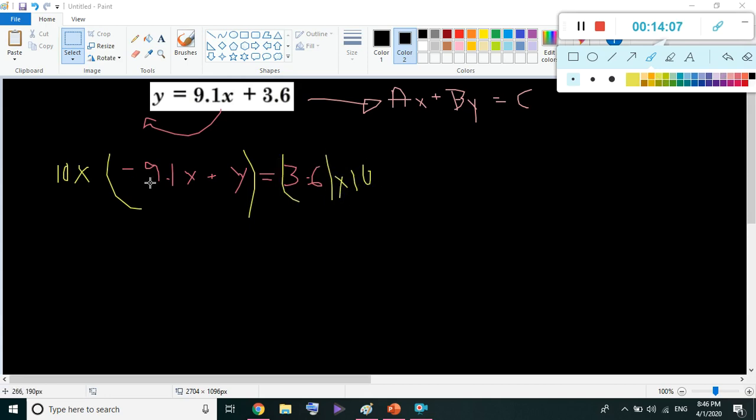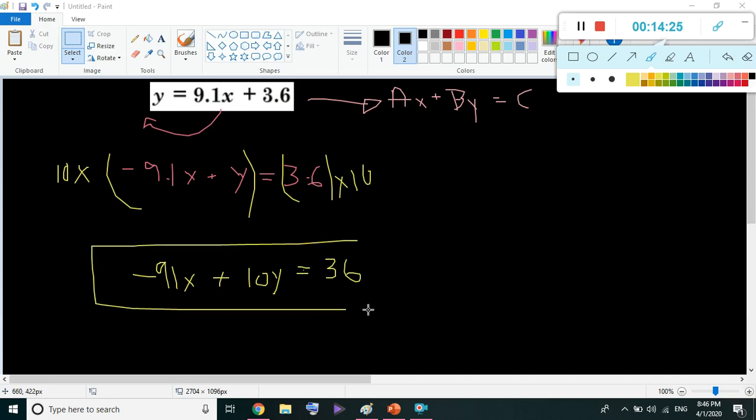So it's going to be 10 times 9.1, it's going to be negative 91 x plus 10y equals, we're going to move the decimal here, so it's going to be 36. If they asked us to do the integer, and if not, you can put it this way.